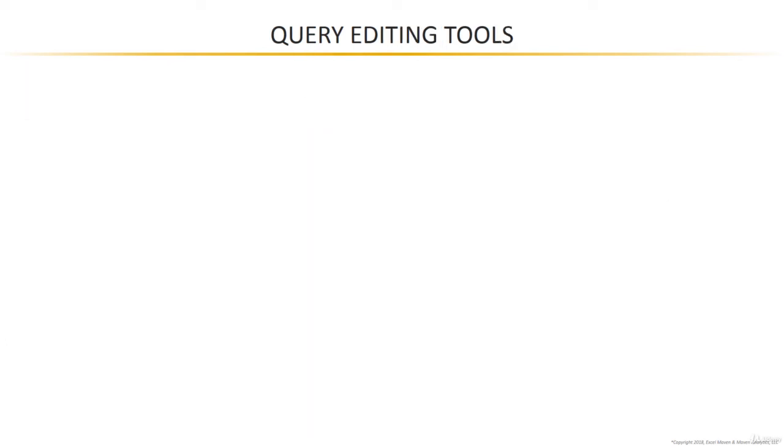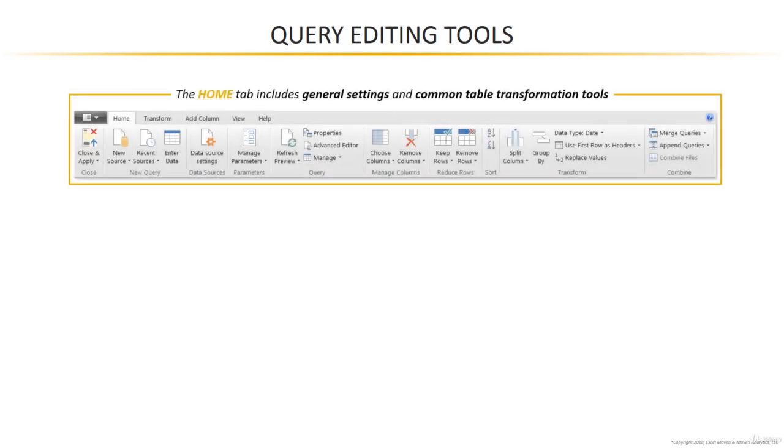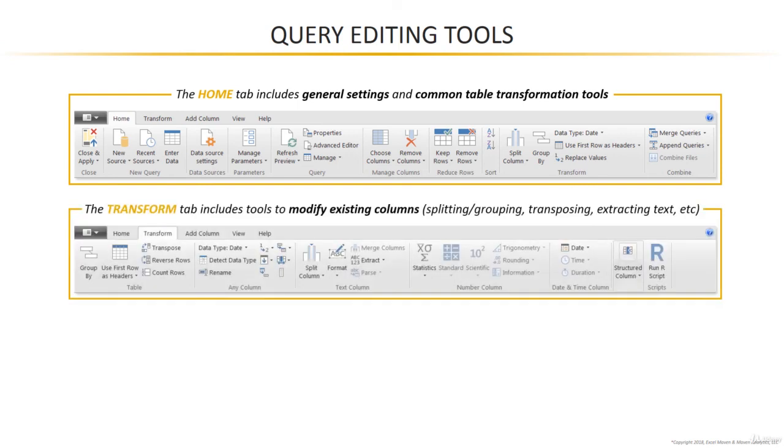Now, moving on into the query editing tools, I want to take a minute to introduce the 3 primary tabs or categories. First, we've got our Home tab. This includes some general settings, data source settings, parameters, table properties, etc., as well as some of the most common table transformation tools. The next tab, Transform, includes additional tools that allow you to modify your existing columns.